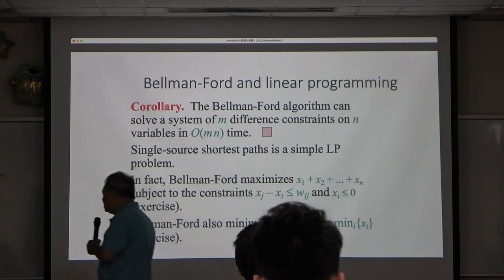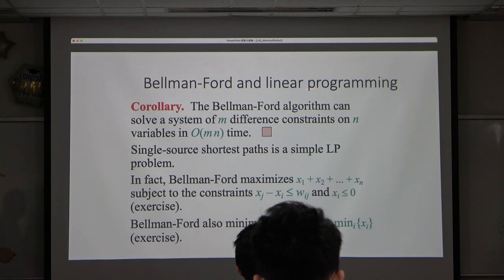So we know the Bellman-Ford algorithm can solve a system of n difference constraints on n variables in big O of n times n time. Because we have n number of edges, and n number of variables, or in other words, n number of vertices.